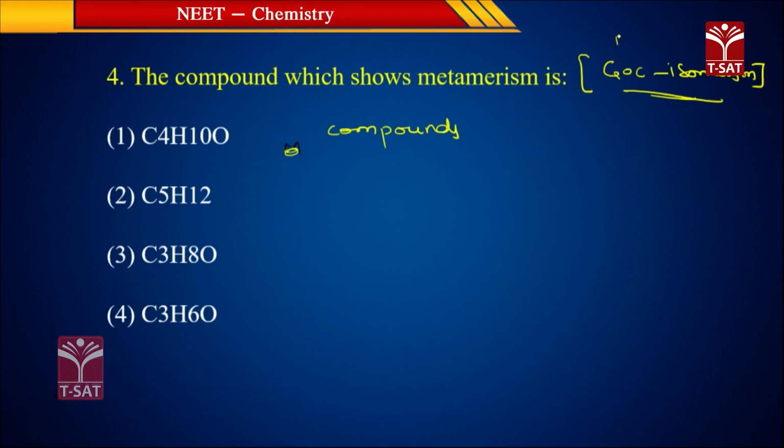Very, very important: from isomerism you will get at least one direct question, and some other questions also need the concept of isomerism to answer them. That is why it is a very, very important topic.